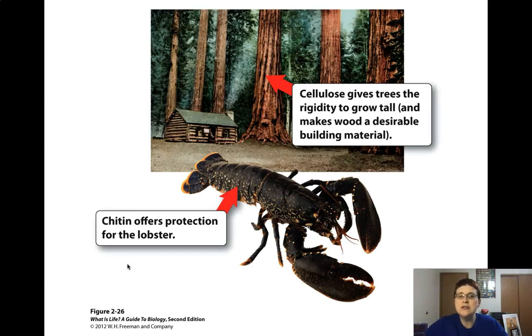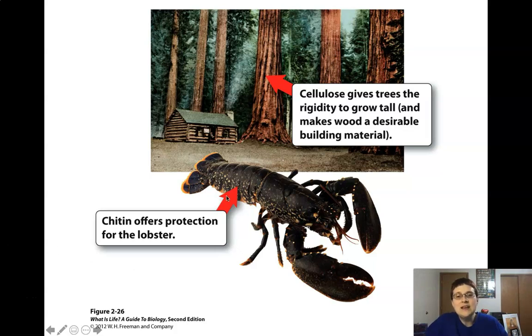Cellulose is used by plants like trees to build their cell walls, and that gives them the ability to be rigid. That's what allows trees to stand tall. But cellulose is also what makes things like celery crunchy, right? When you crunch into celery, that's why it has that crunch.